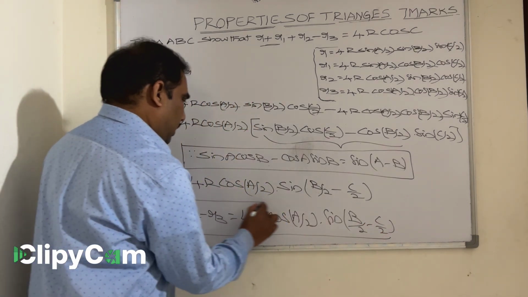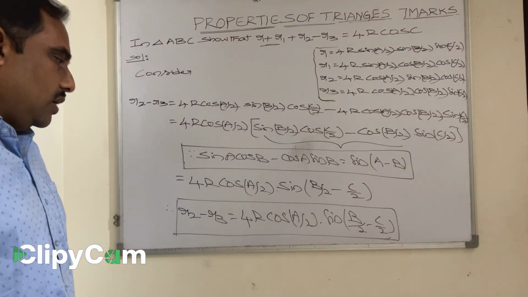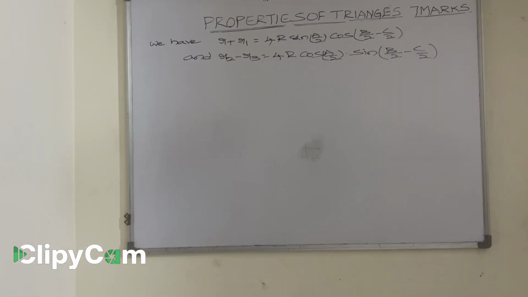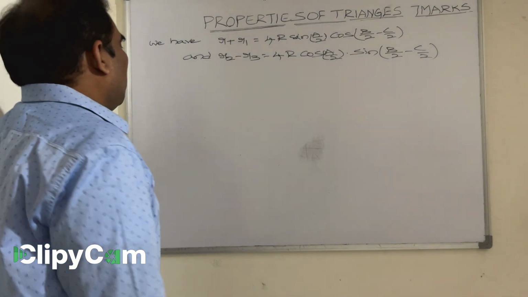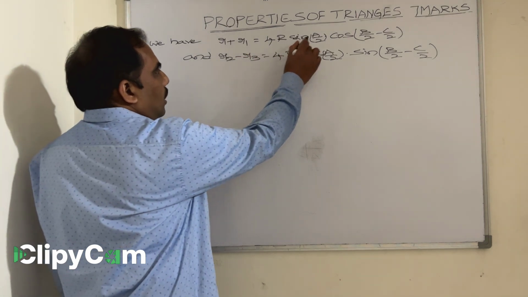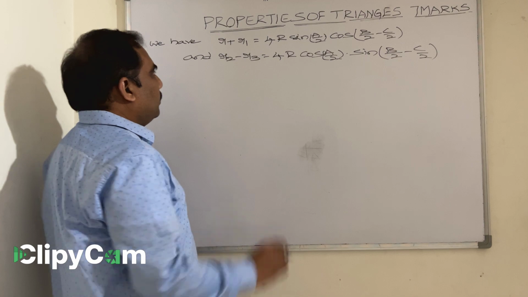We get R2 minus R3 is equal to 4R cos A by 2 into sin of B by 2 minus C by 2. See, we have R plus R1 is equal to 4R sin A by 2 into cos of B by 2 minus C by 2.